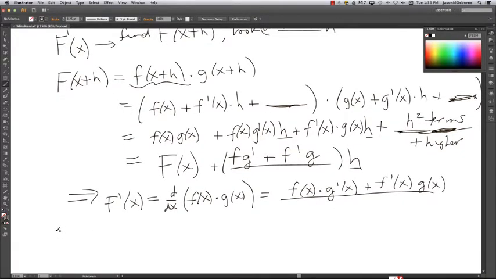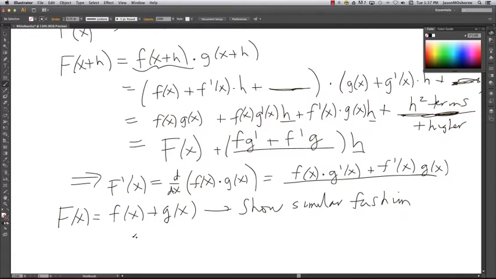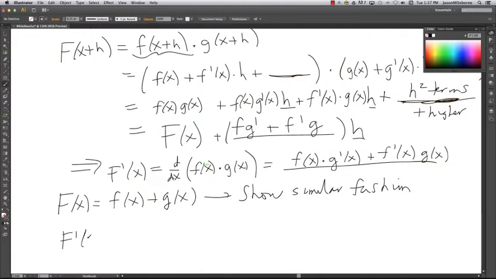You can show similarly that if F of x is equal to f of x plus g of x, you need to find what F prime of x is going to be. You would look at F of x plus h. When you do that expansion, you would do f of x plus h plus g of x plus h.